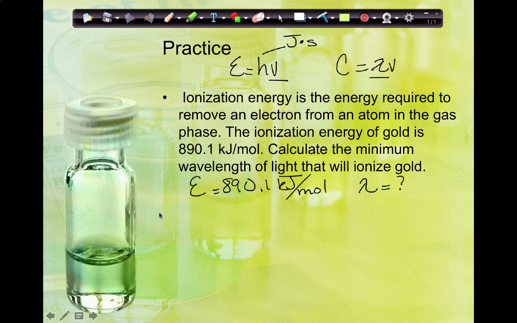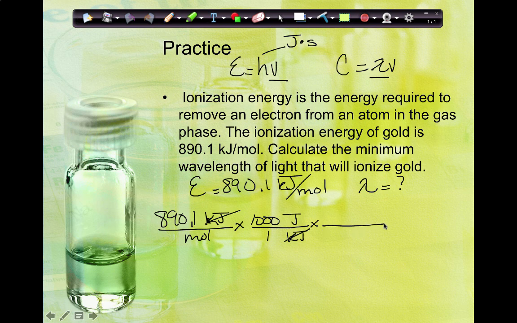So we're going to convert this. So this is 890.1 kilojoules per mole. Well, I know I got to convert this to joules. So that's kilojoules to joules. So this is 1,000 joules is equal to 1 kilojoule. Well, now I got to worry about that mole. Well, a mole is equal to how many electrons?